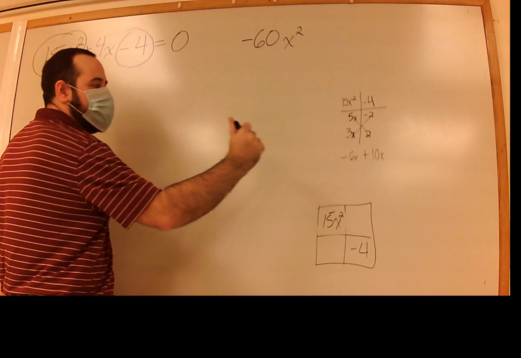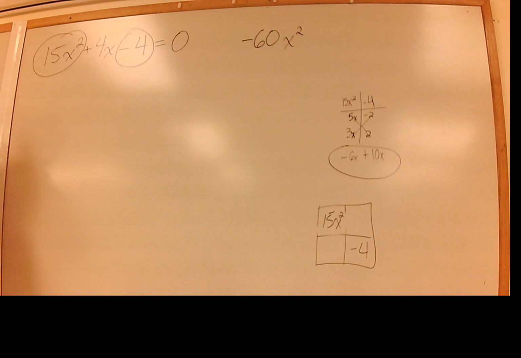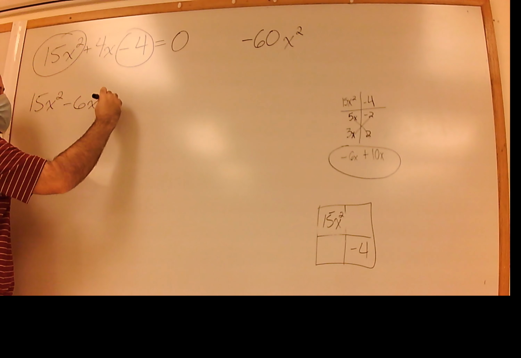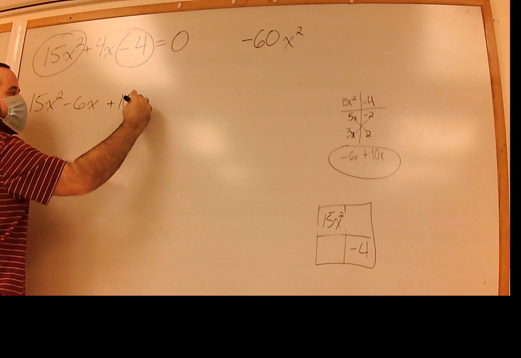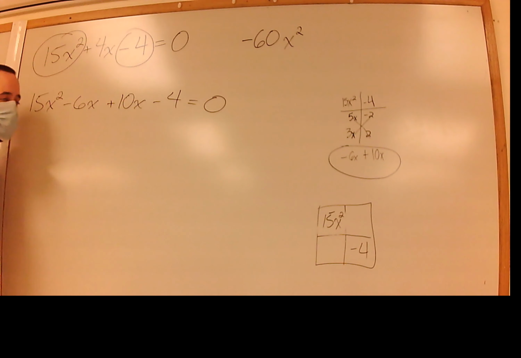So once you get these, whatever route you take to get those, then I rewrite the middle term as those two numbers. So instead of writing plus 4x, I'm going to write minus 6x plus 10x. That would be my next step.